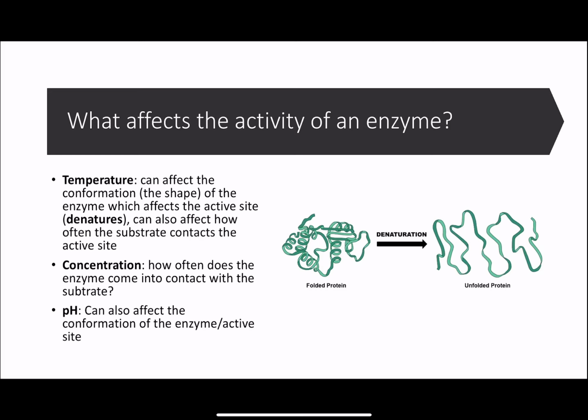pH can also affect the conformation of the enzyme and the active site, so this can also affect the rate of an enzymatic reaction. This is important in the digestive tract. I think I alluded to this last week, that the pH of our GI tract changes drastically as food travels from our mouth to our anus.